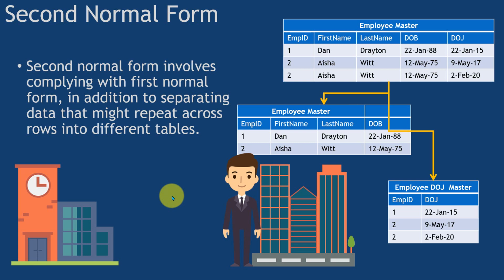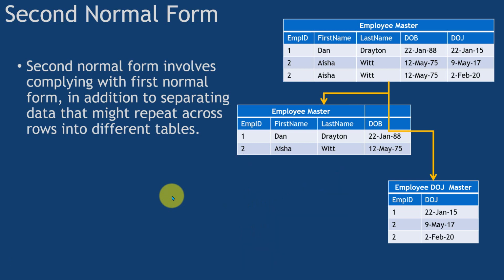For that, we don't need to create a duplicate entry of this employee. Here, for example, Aisha Wheat, employee ID 2, has the same date of birth, first name and last name, but the date of joining has two entries, 9th May 2017 and 2nd February 2020.